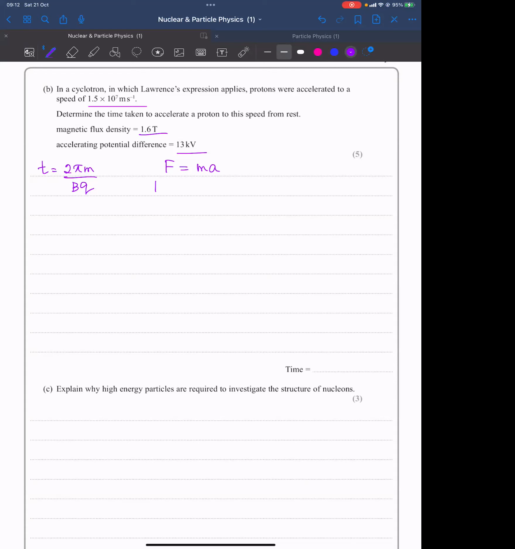Or else, you can use F equals EQ to find the force, and then ma to find a. So a equals EQ over m.